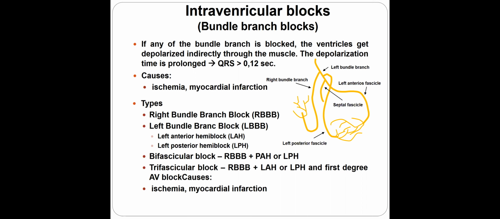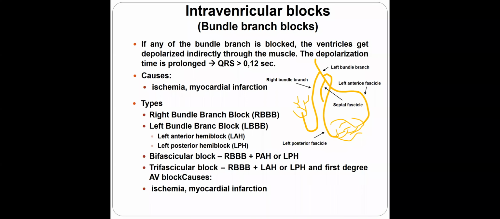This conducting system is very sensitive to hypoxia, so mostly hypoxic changes are going to cause bundle branch blocks. Sometimes you can see that every QRS complex is the same and altered, showing the typical pattern of the right bundle branch block or left bundle branch block. But sometimes the patient has a normal QRS complex, and sometimes they do have the typical pattern of right or left bundle branch block.